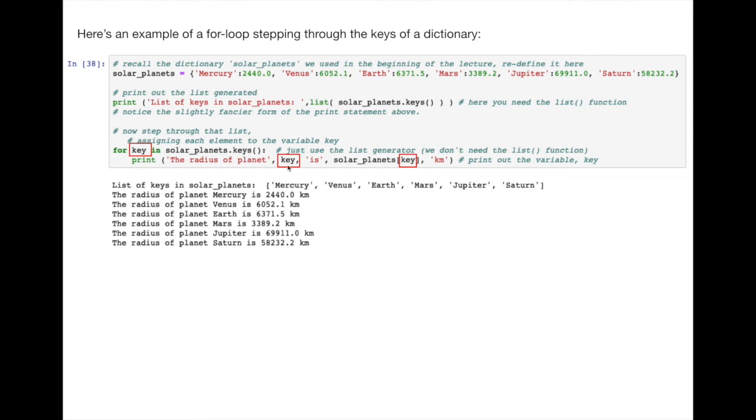So now we print out the radius of planet Mercury is solar planets Mercury. Remember, this syntax gives you access to the value of Mercury, so that's 2,440 kilometers. And the same for everything else until everything is looped over. The last one is key equals Saturn, which is this one. After key equals Saturn, there's nothing more to loop, and it's done.